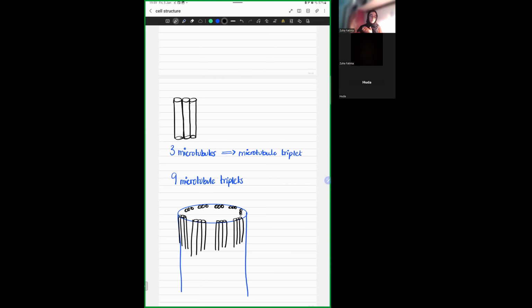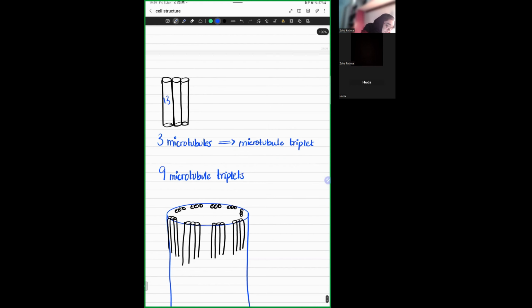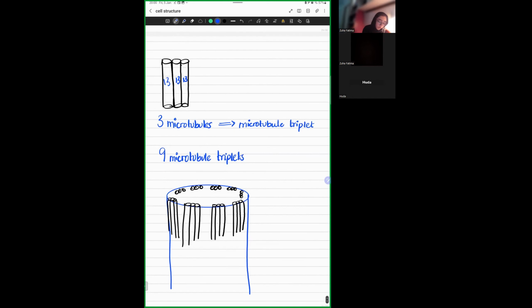And obviously, on the other side also they will be running in this way in the form of a chain. 3 microtubules are 39 protofilaments. Yes, so basically, we have 13 protofilaments over here, 13 protofilaments and 13 protofilaments, right? So we can say that a triplet has 39 protofilaments. You're absolutely right.